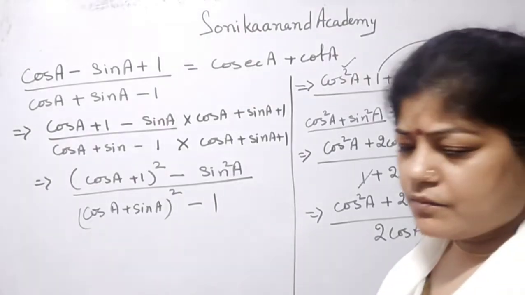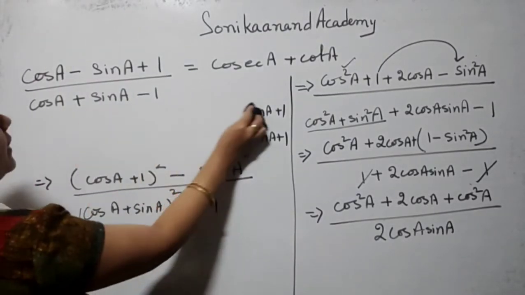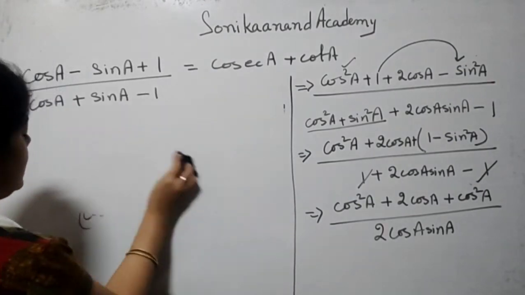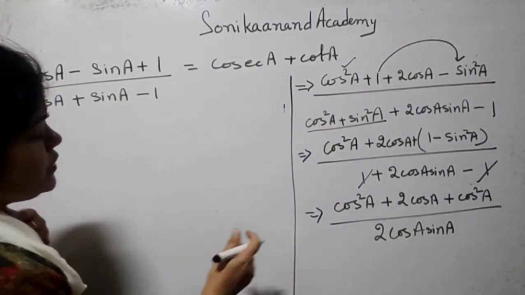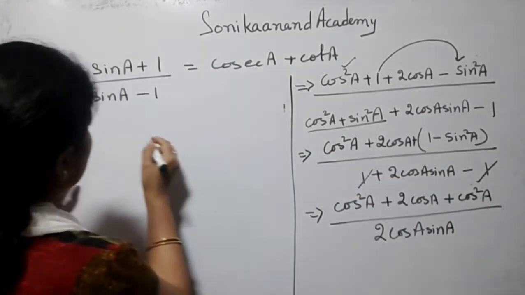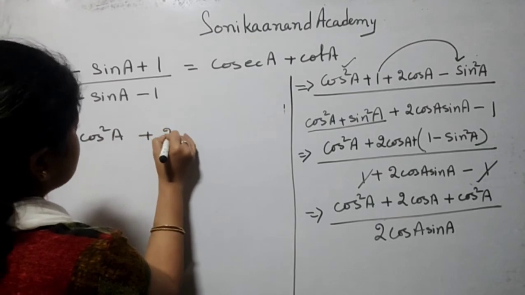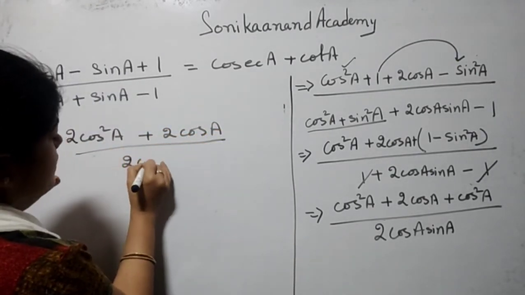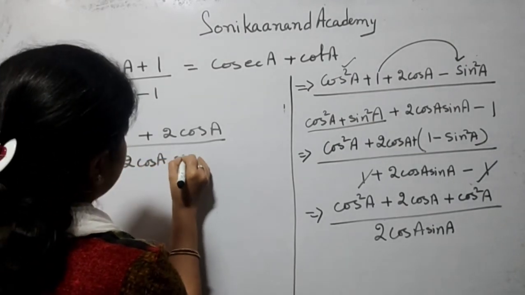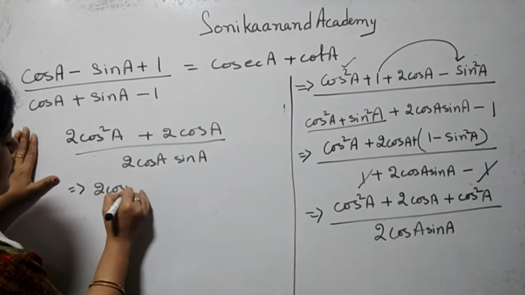Now you can also do this question by converting cos a and sin a into cosec and cot in the earlier stages, but I am doing it this way. So 2 cos square a plus 2 cos a over 2 cos a sin a. Take 2 common and cos a in the numerator.